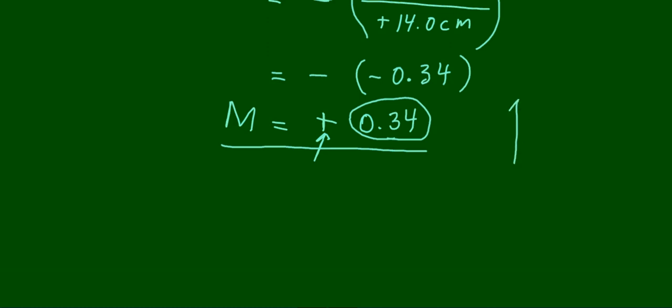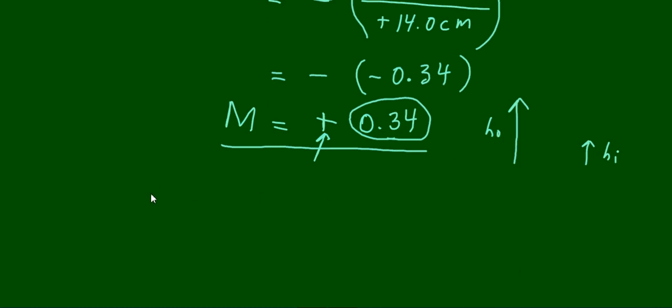If this is the original object, then the image will be roughly 1/3, quite 1/3, but get the idea, of the original object. The positive sign simply gives you an idea whether or not the image is upright or inverted relative to the original attitude of the object. Because this is the positive sign, I've drawn my image pointing up in the same sense and same attitude as the original object.